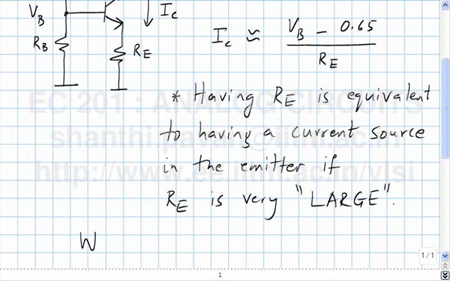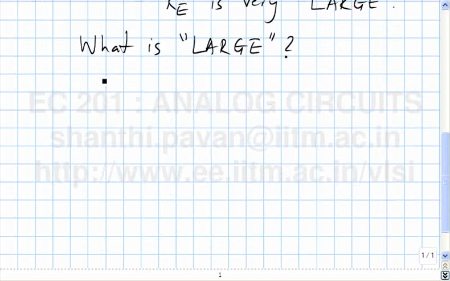Now, what is large? Large basically means RE must be much, much larger than 1 over Gn.